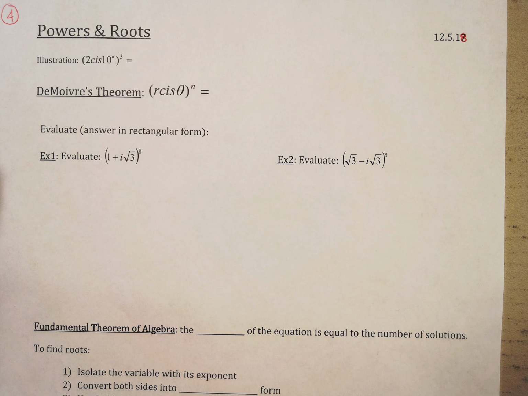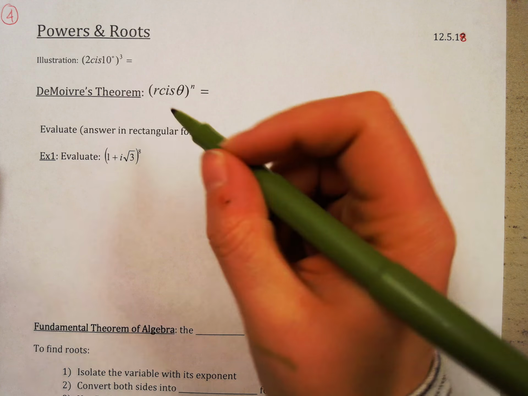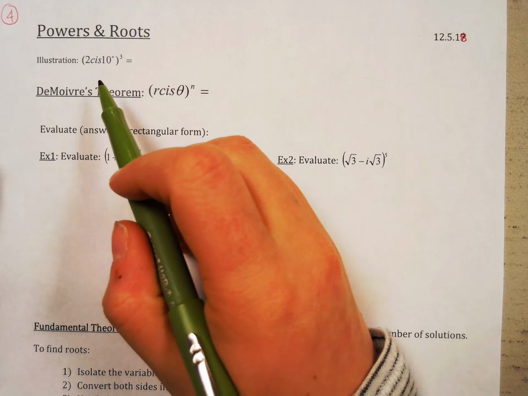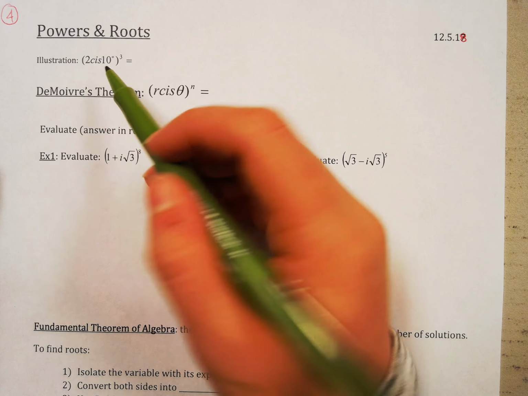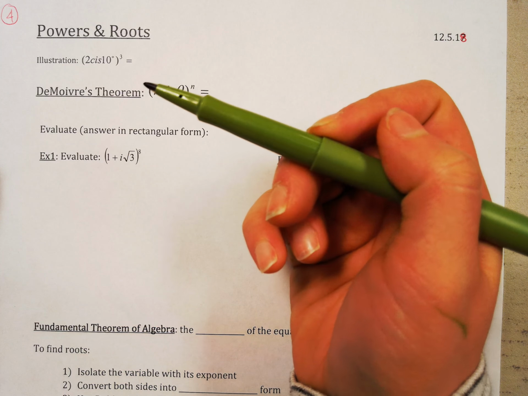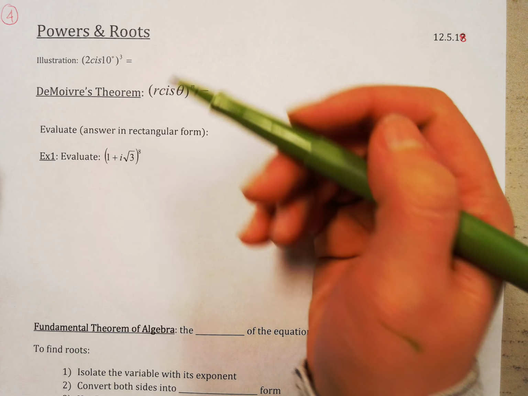Surprisingly though, with our powers in a complex number, it's actually not very complicated when you raise something to some power, and you'll see that in a second. We're going to go through an example of where we're going to do something cubed, of this polar number here.